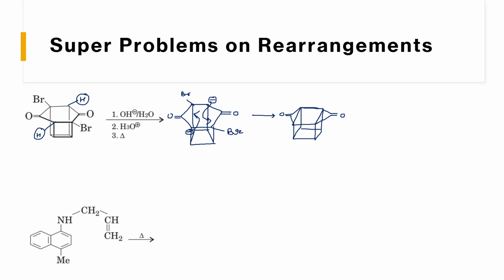ओके, वंस दिस इज ऑब्टेन्ड, अब करना क्या है कि you attack OH minus at each of these C double bond O और यहाँ पे नेगेटिव चार्ज और यहाँ पे नेगेटिव चार्ज बना दीजिए. So 1, 2, 3, 4 and you will be getting something like this.